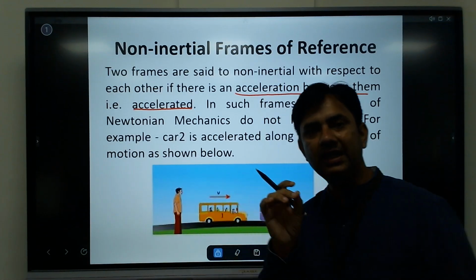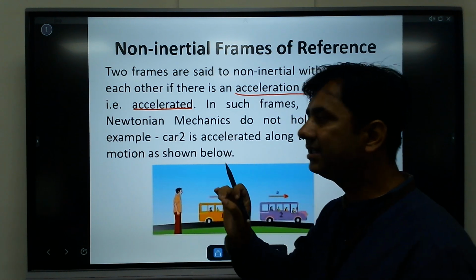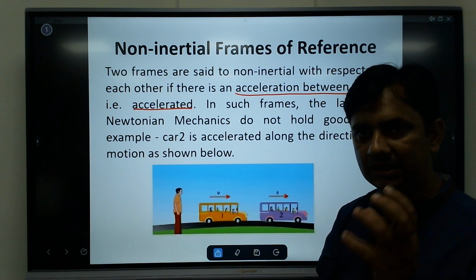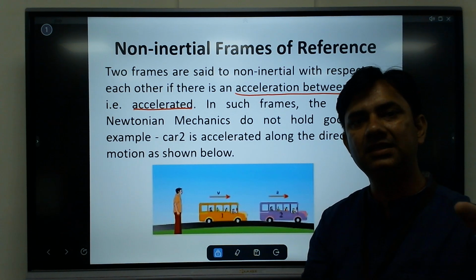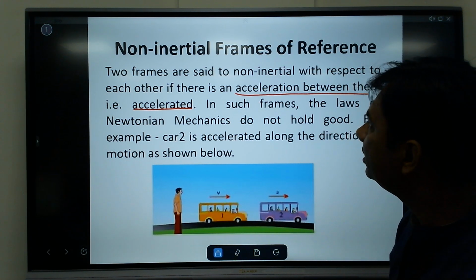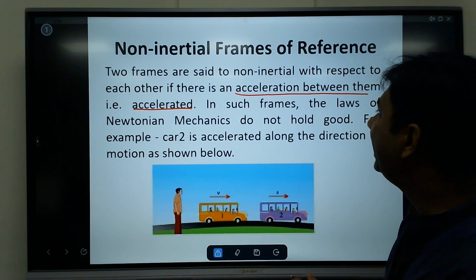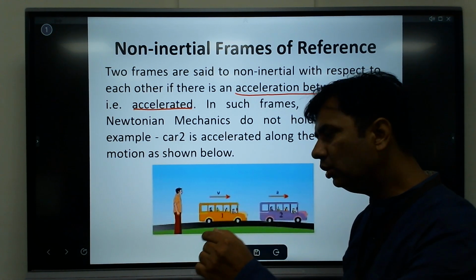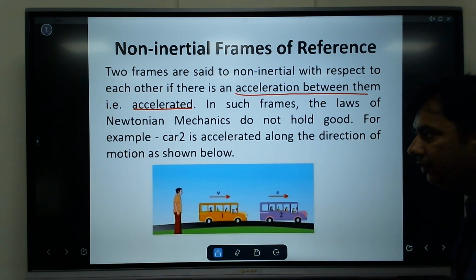If it is an inertial frame, that means a non-accelerated system and the object is at the same place. If you talk about the non-inertial frame, then it is accelerated motion. That means everything is moving with respect to each other. You can see the example of it.